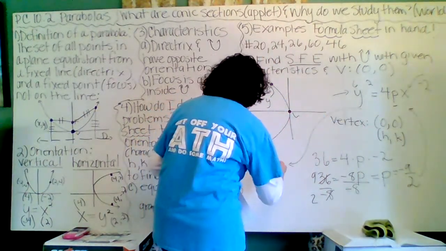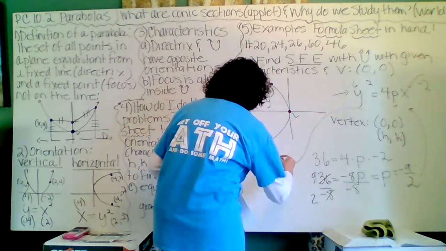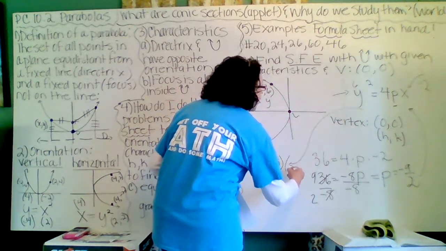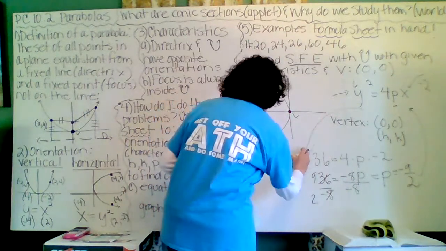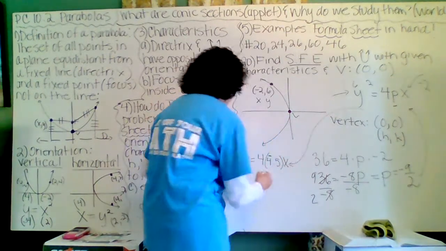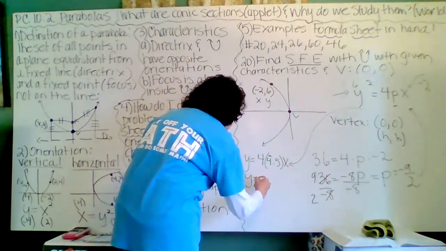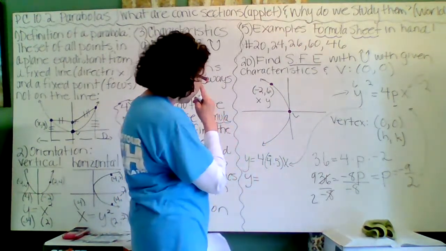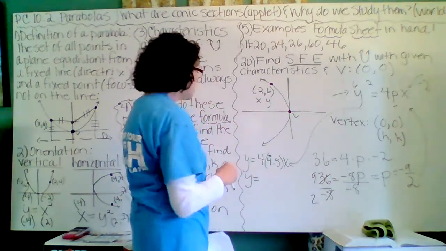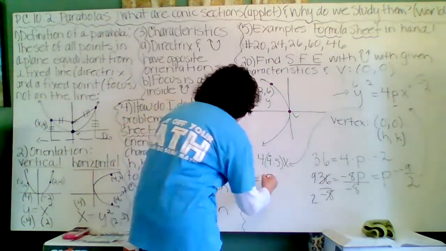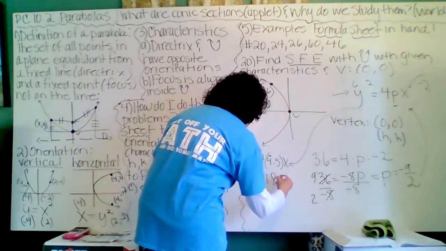My P is -4.5, and my x is here. Just a little bit of math to do. Then -4.5 times 4 is 2 times -9, so -18x.